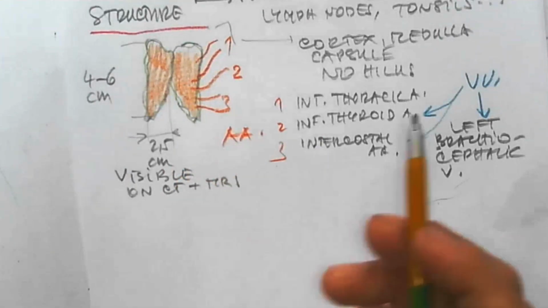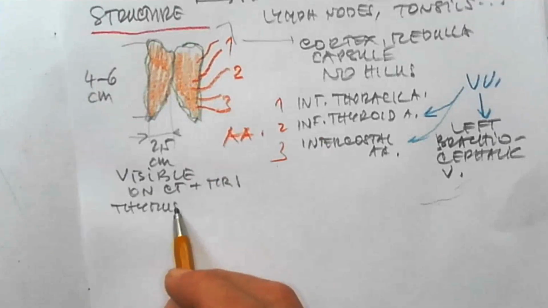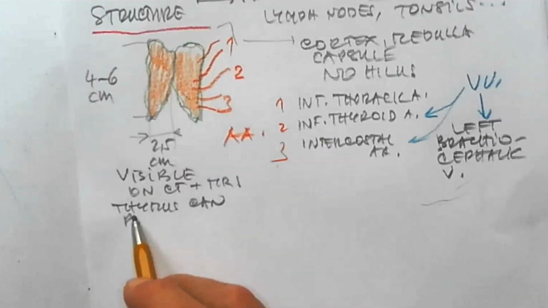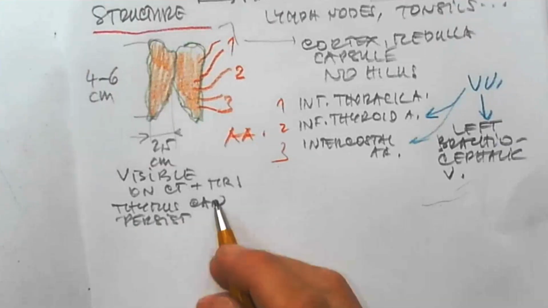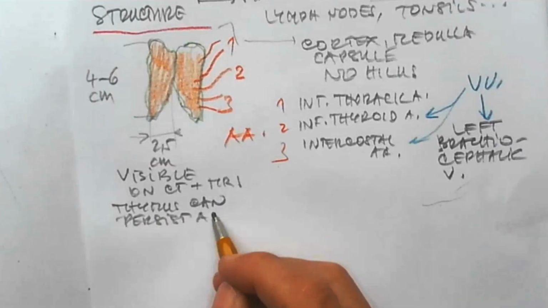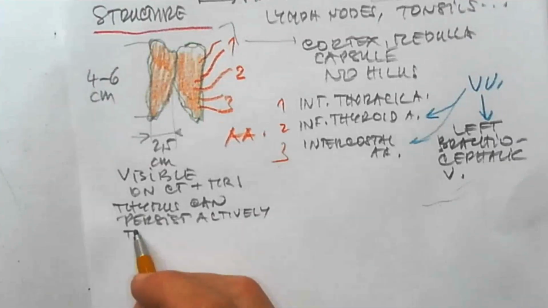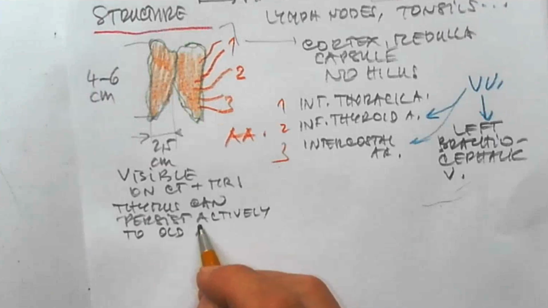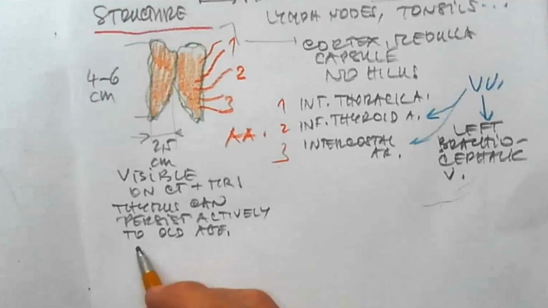The organ could persist. Thymus can persist, actively in some cases, to old age. Usually substituted or inferred.